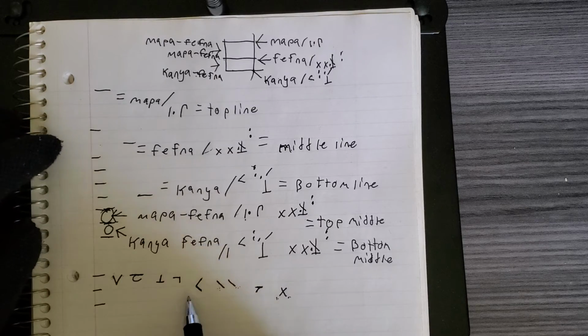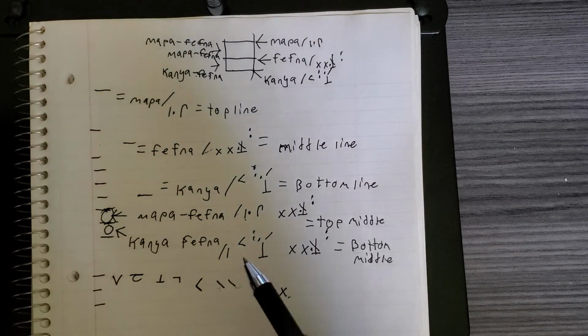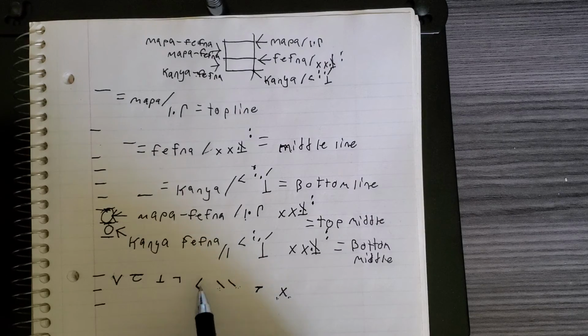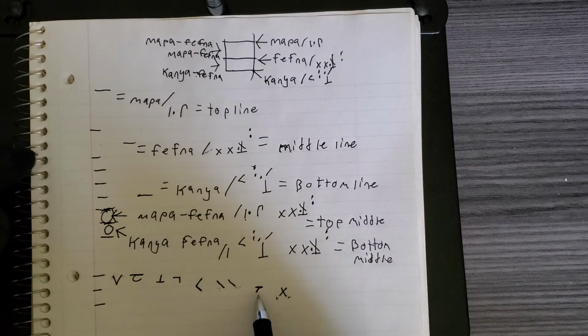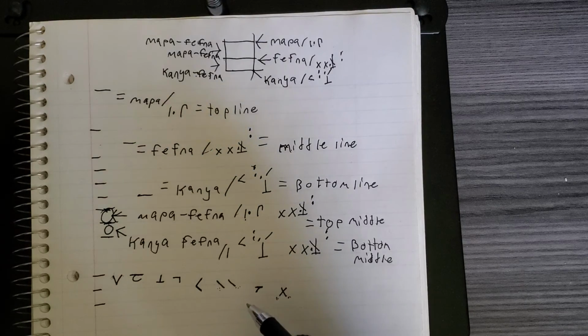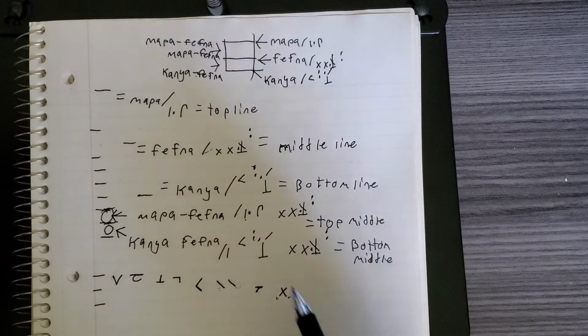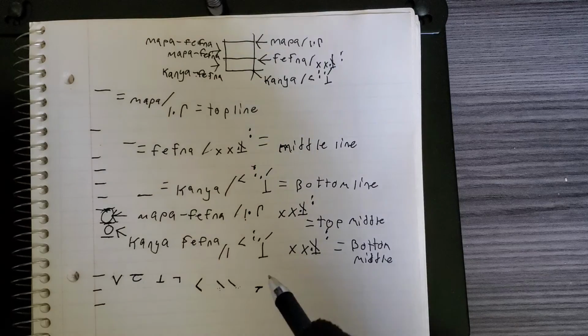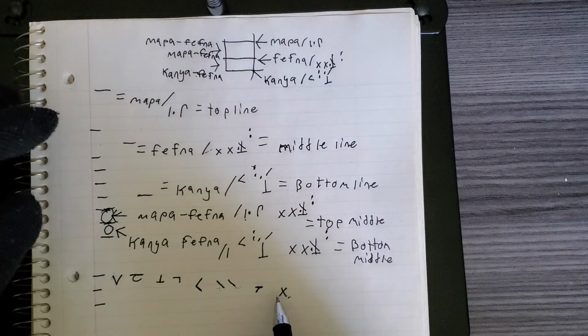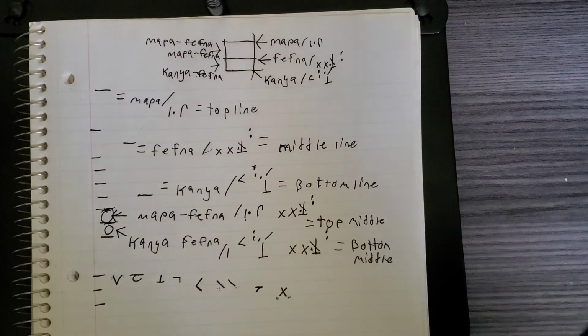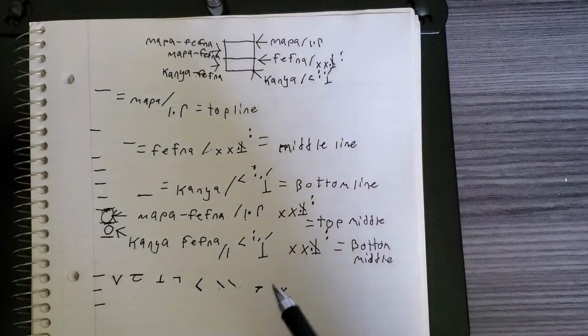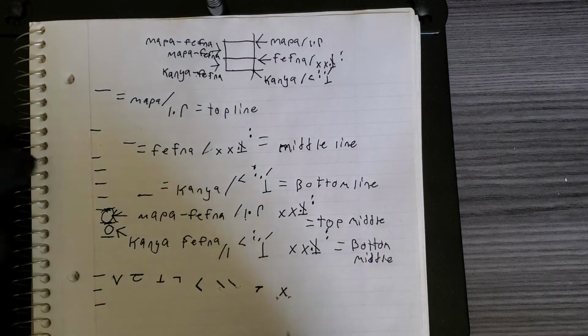These two here are considered fefna letters because they're connected to fefna. Their base is in fefna. This one's considered a kanya-fefna letter because it's in between the space of kanya-fefna. And this is considered a kanya letter because its base is touching kanya.